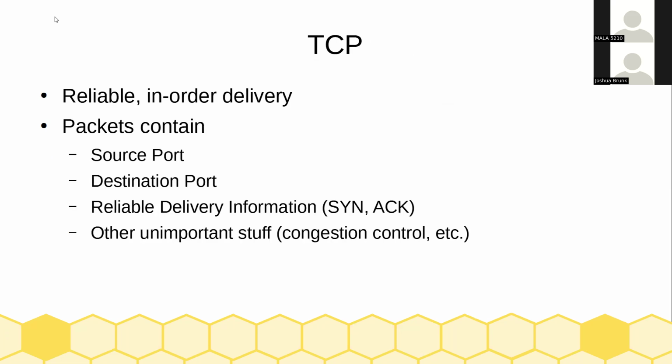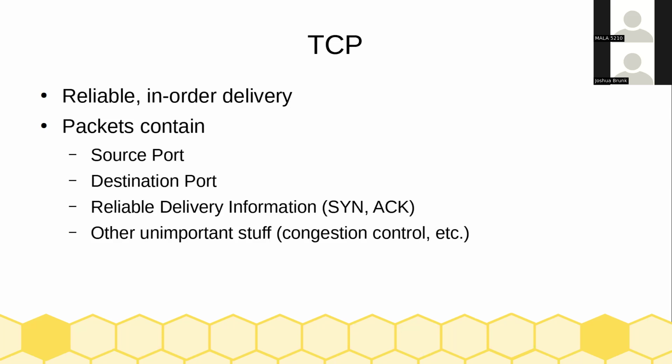The first protocol that we're going to go over is TCP, and it offers a lot of niceties over what's below it. On the internet layer, what I had mentioned before is that the delivery of the information is not 100% reliable. So you need something on top of that to make sure that you have reliable delivery of information. TCP is kind of what ensures that your information gets where it needs to go.